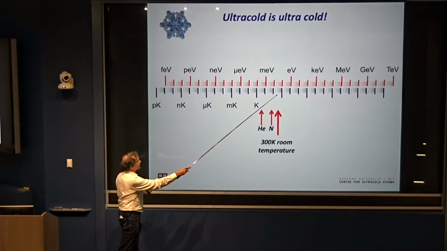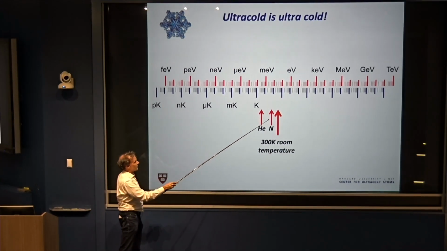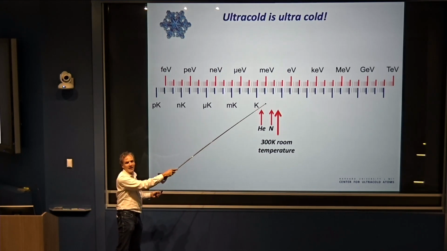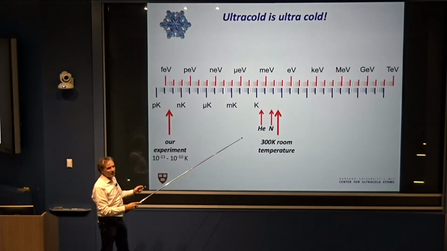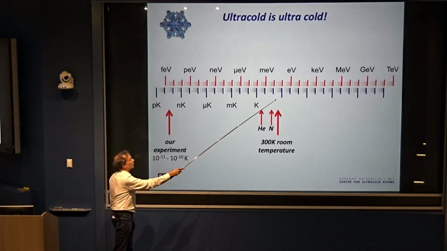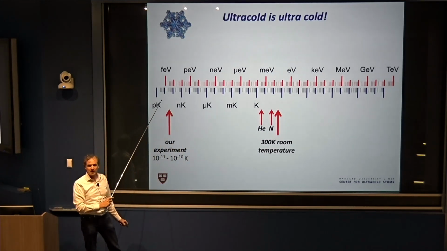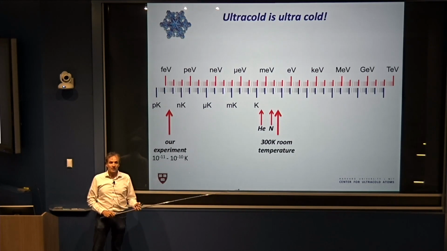In our experiments, if you have liquid helium, you're a little bit colder than room temperature on this scale. But if you go 12 or 13 orders of magnitude colder in temperature, extremely close to absolute zero, that's where these experiments are.